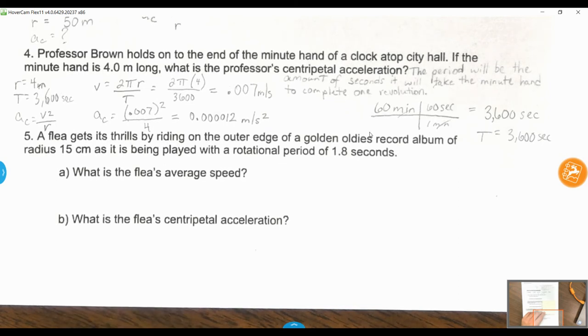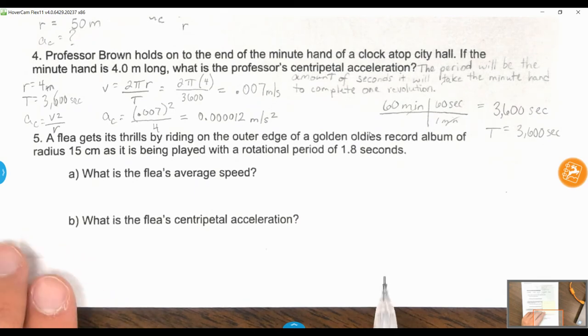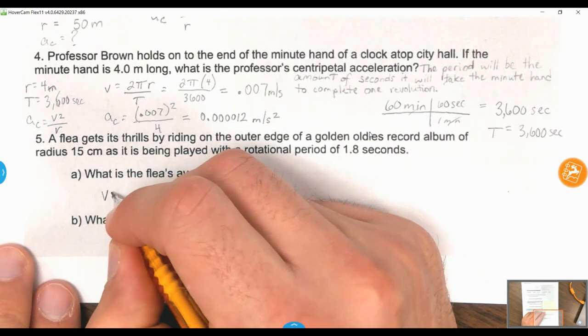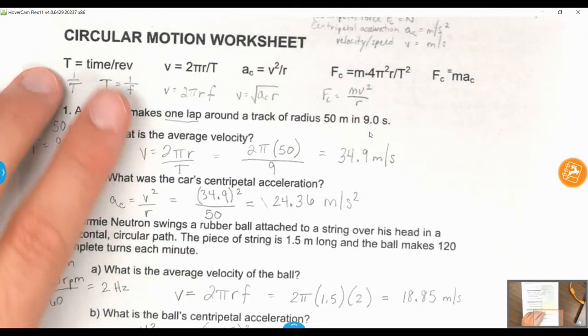Okay, so our last problem that we're going to do today: a flea getting thrills by riding on the outer edge of an oldies record album that has a radius of 15 centimeters and is being played with a rotational period of 1.8 seconds. So for this, we want to find the average speed, so that is our velocity. We have two or three equations that we can use.